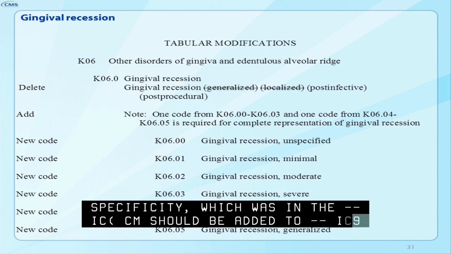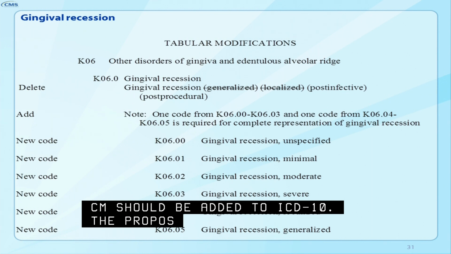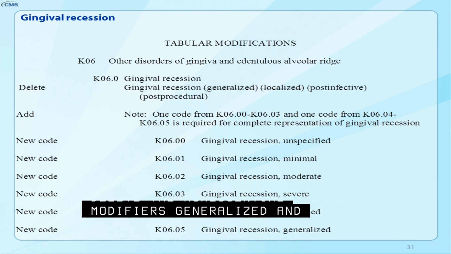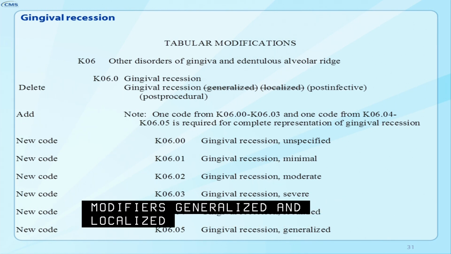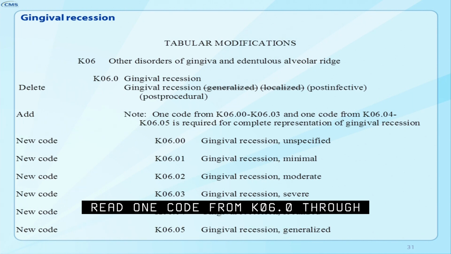The proposal is to delete the inclusion term under K06.0, gingival recession, deleting the non-essential modifiers generalized and localized, and to add a note to read: one code from K06.00 through K06.03 and one code from K06.04 through K06.05 be required for complete representation of gingival recession.